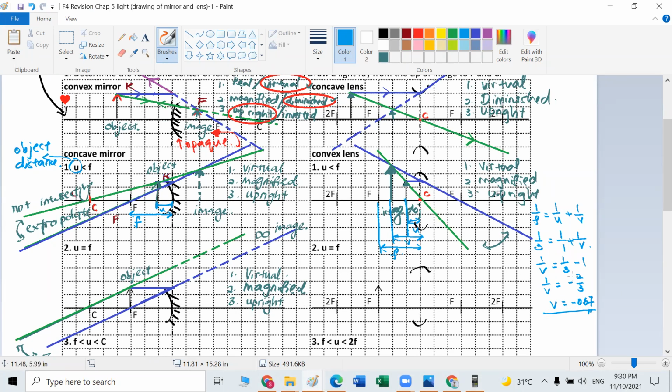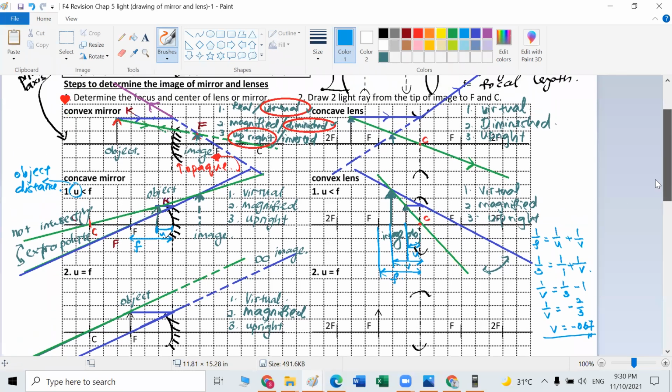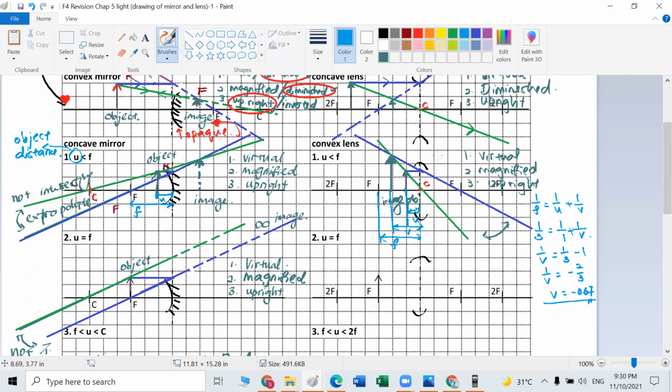Why negative? Because the image is supposed to be after or behind the lens. Supposed behind, but now it's in front. In front means opposite direction. Behind is positive, in front is negative.